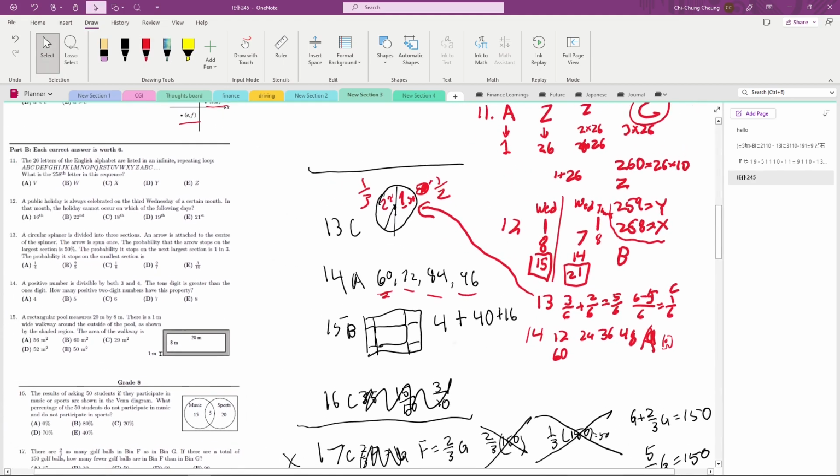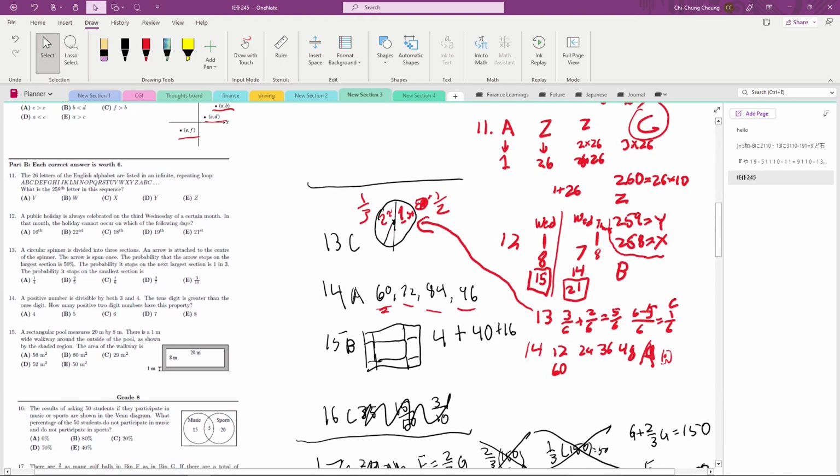Never mind. Okay, next, 15 is this pool, and you want to see the shaded region. There's a nice diagram over here. So you just want to add up all this part.